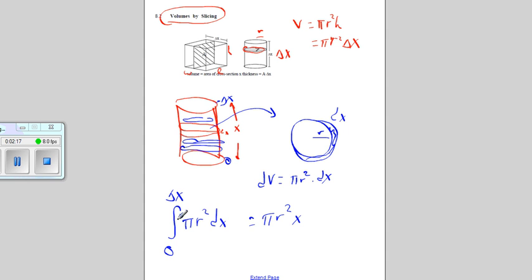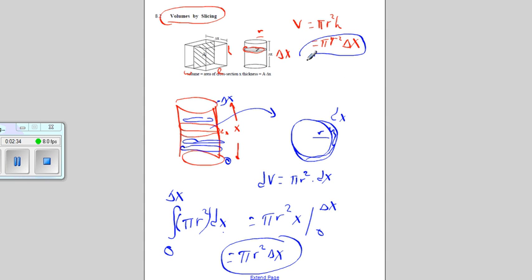This is just a constant, so the integral of a constant is a constant times x, integrated from 0 to delta x. So this equals pi r squared delta x, which is exactly the volume that we had up here, only we derived it using integration and the idea of infinitely small cuts.